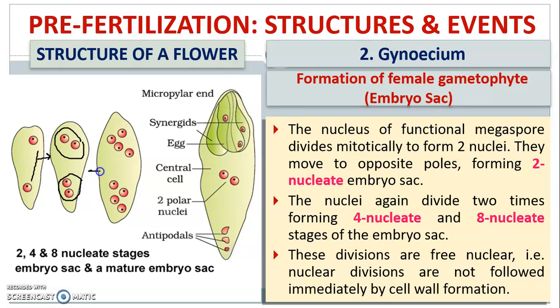It will again undergo one more mitosis, then it will form 4 plus 4, 8 nuclei. Now this condition is known as the 8 nucleate stage of the embryo sac. So out of the 8 nuclei, 3 nuclei move towards the micropylar end, 3 move towards the chalazal end, and 2 remain at the center of the embryo sac.